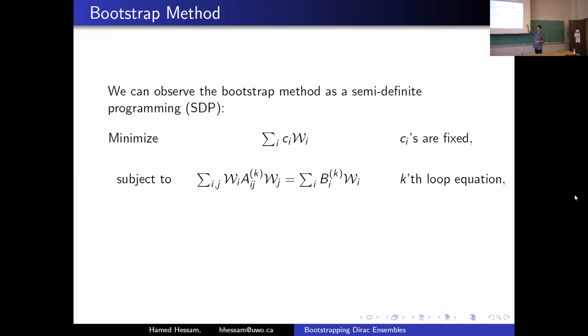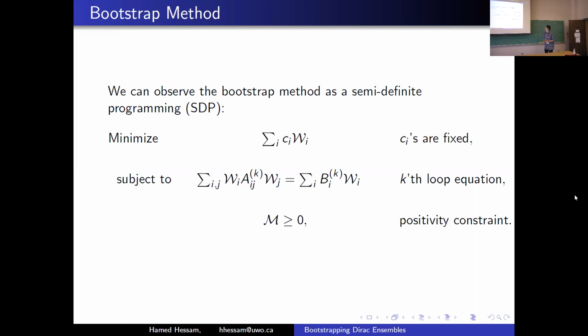AIJ is the matrix of the coefficients of those Schwinger-Dyson equations, subject to this loop equation with the positivity constraint, an SDP. We have SDP in many programming languages, such as Python or MATLAB. Mathematica probably has SDP too.